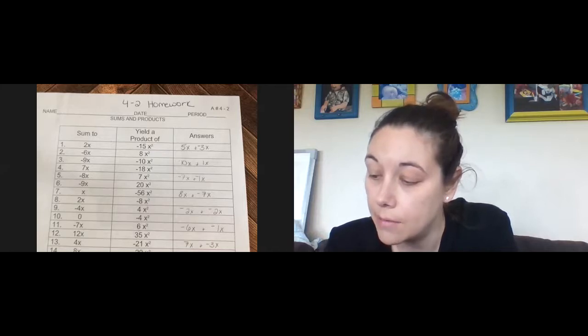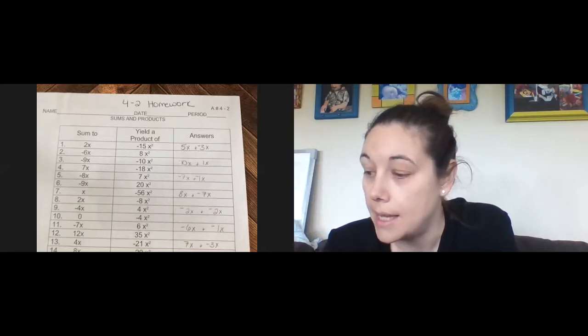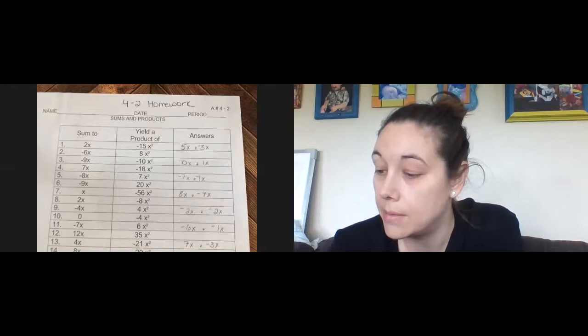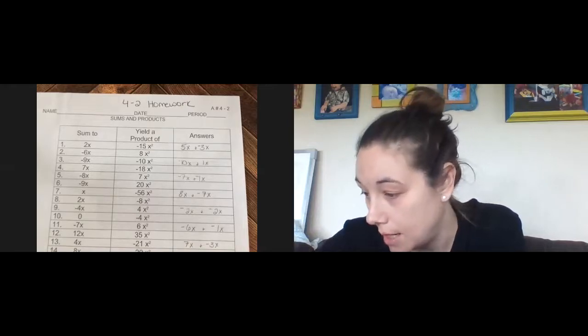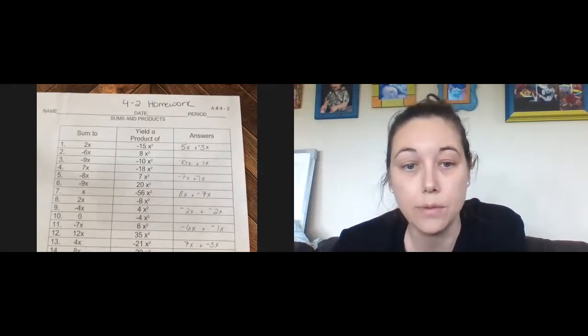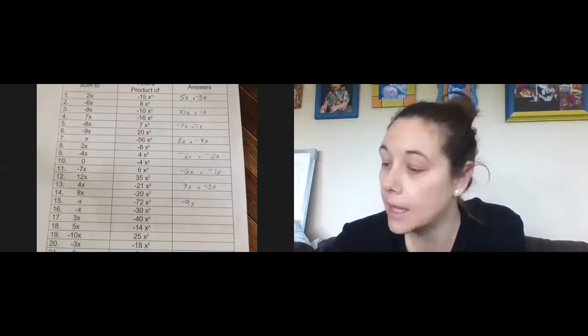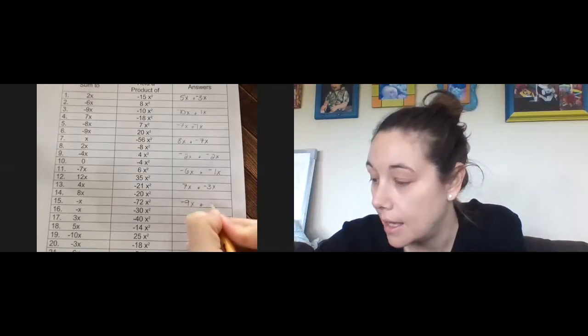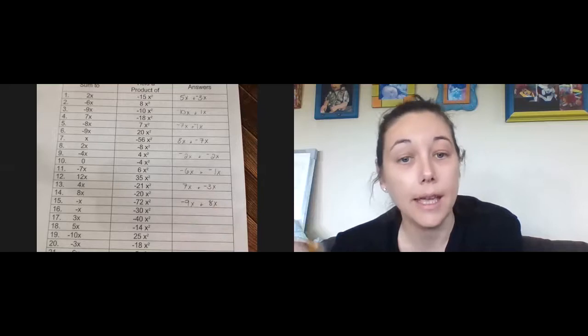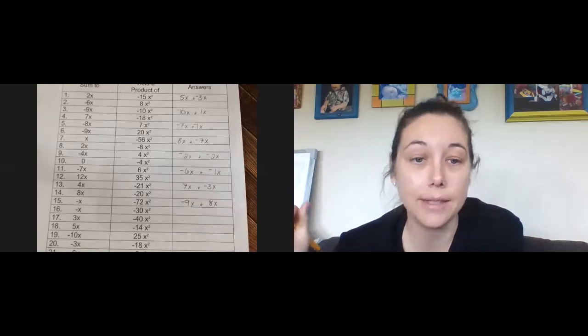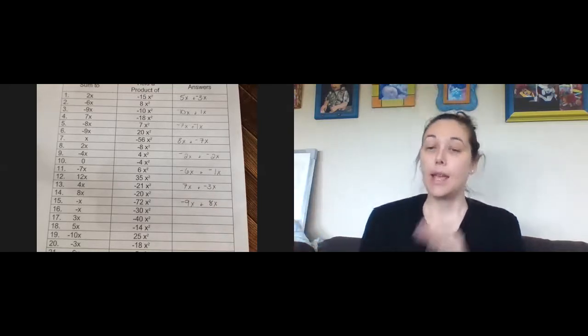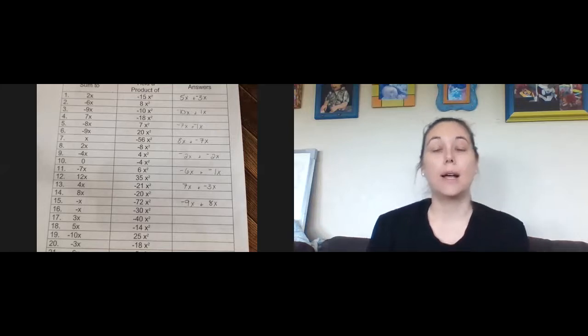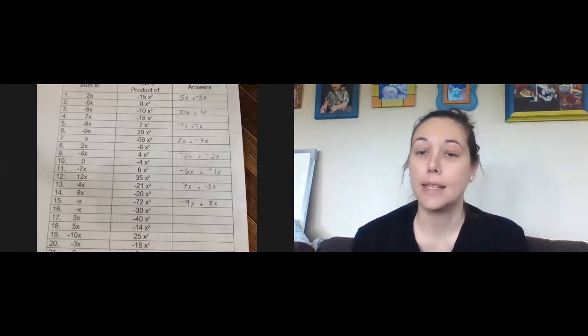We need a negative 1x. 8 and 9, and we need the bigger one to be negative because we have a negative here. So negative 9x and positive 8x. Negative 9x times positive 8x gives us negative 72x squared, and negative 9x plus a positive 8x gives us negative x.